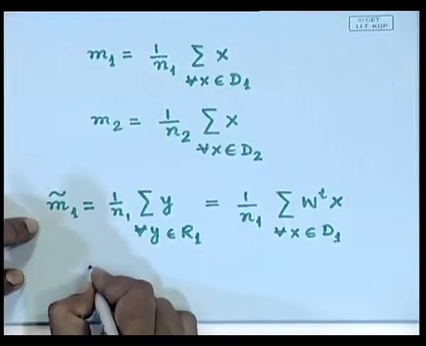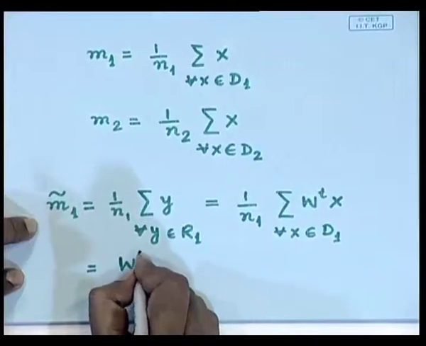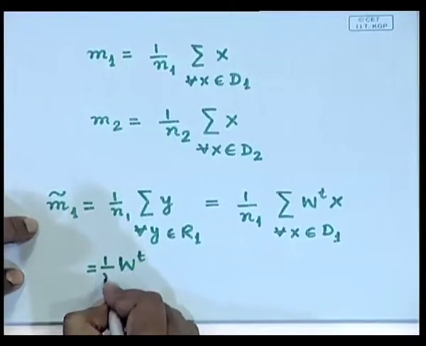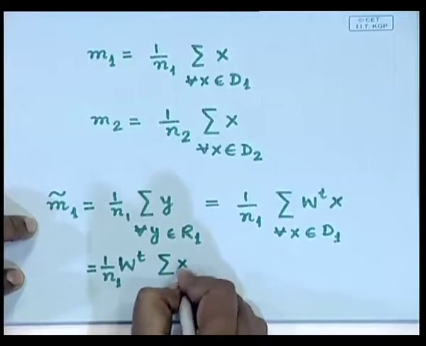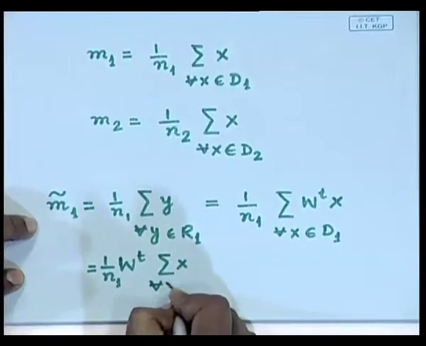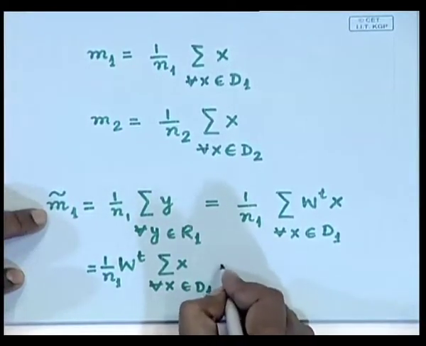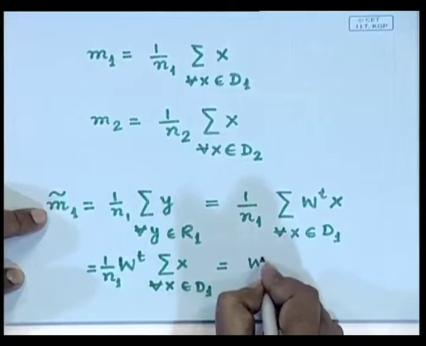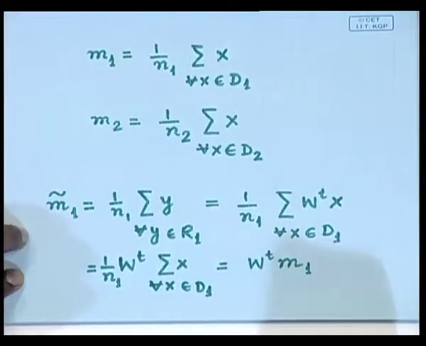So, I get W transpose times 1 upon N 1 summation of x for all x in set D 1, which is W transpose M 1. So that is quite obvious.